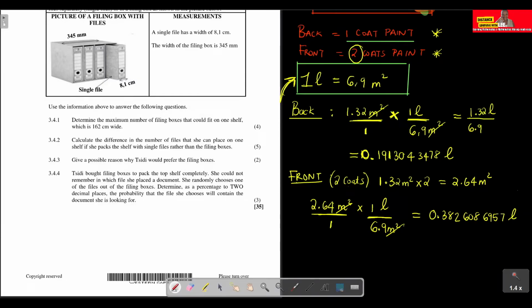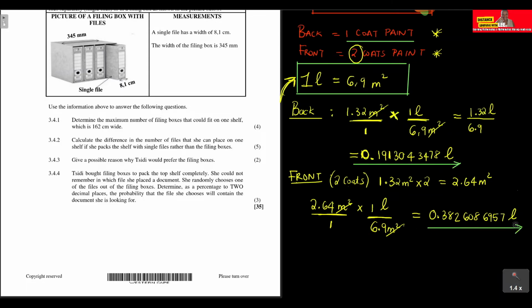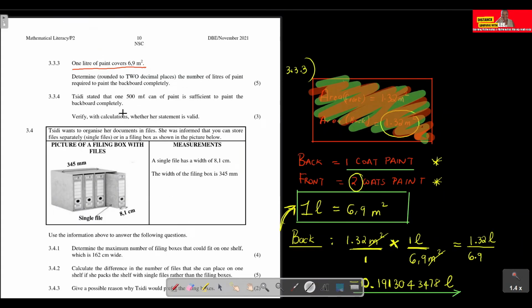So now we're not done. All that we need to do to determine how much paint we will need is add the paint needed for the back part of our board plus the number of liters we'll need for the front part, and then we are done. So we take the total. Remember, guys, we're trying to get the number of liters of paint that is required.